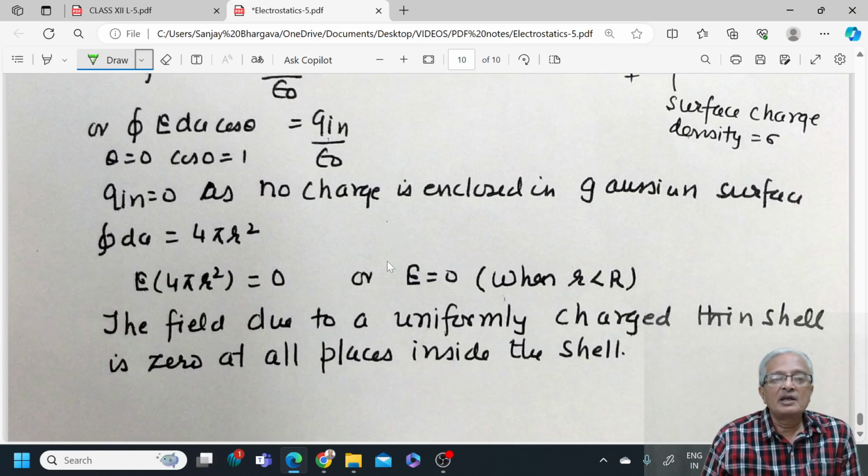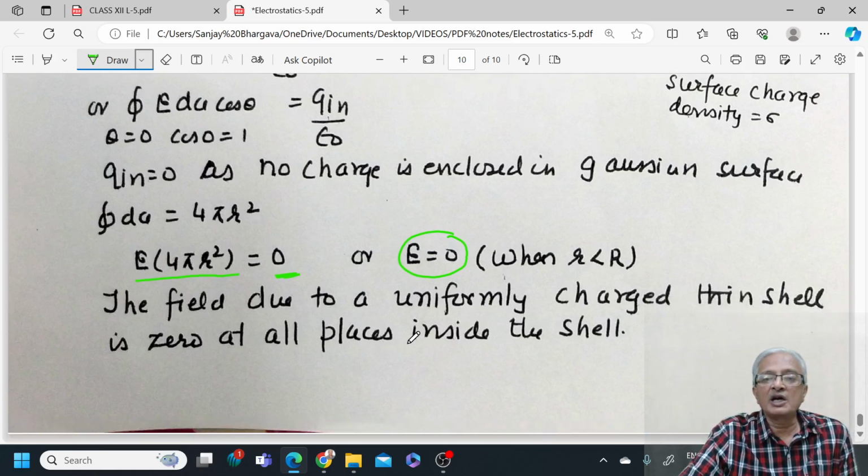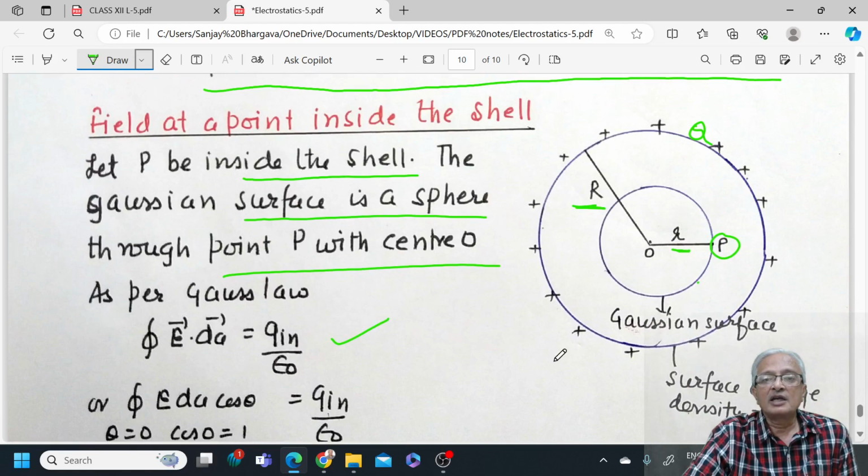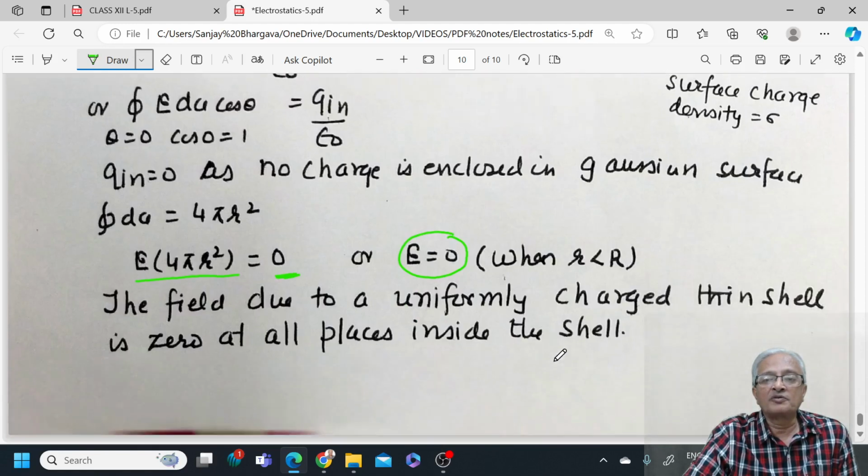So I can obtain E into 4 pi r square would be 0. That is, electric field is 0 when small r is less than capital R. The field due to uniformly charged thin spherical shell is 0 at all places inside the shell. That's an important part of this.